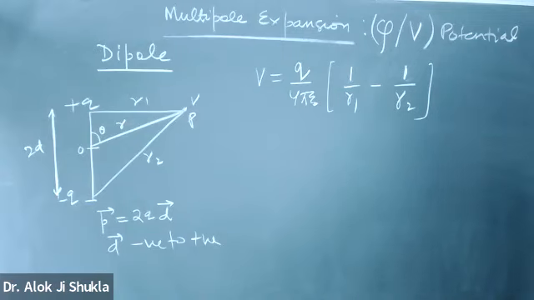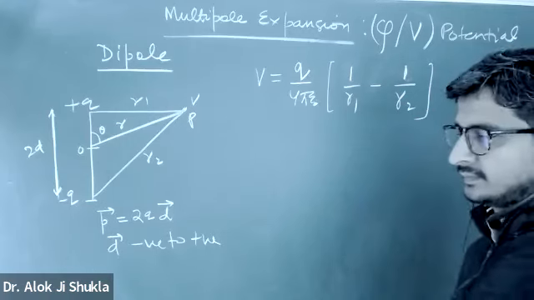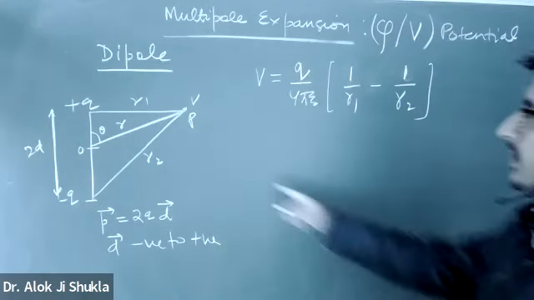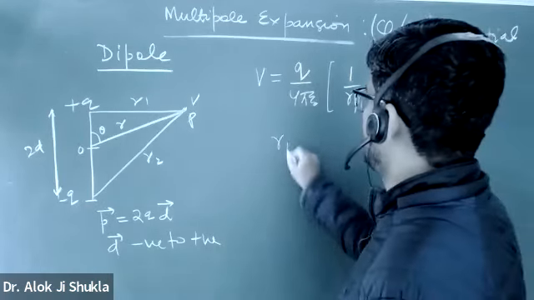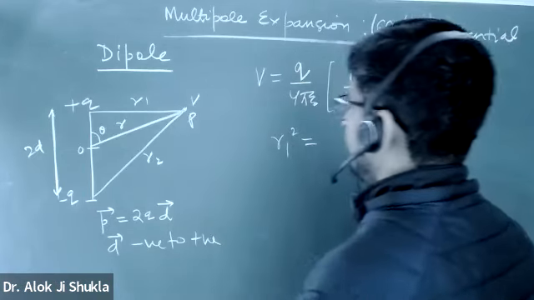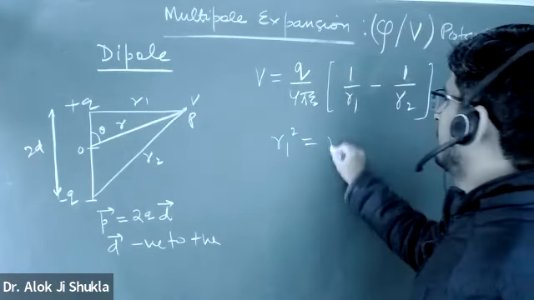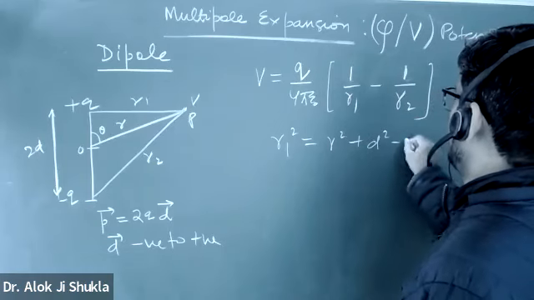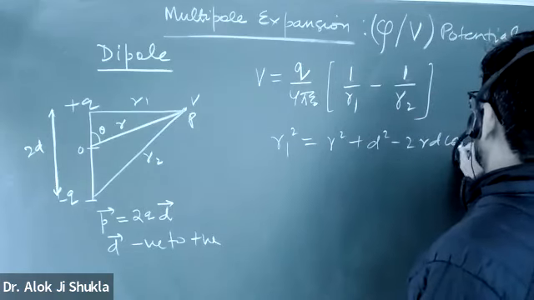Okay? ठीक है वरुण? Yes, sir. अब जरा बताओ R1 और R2 की वैल्यू. R1 स्क्वायर विल बी R square plus D square minus 2 R D cos theta.